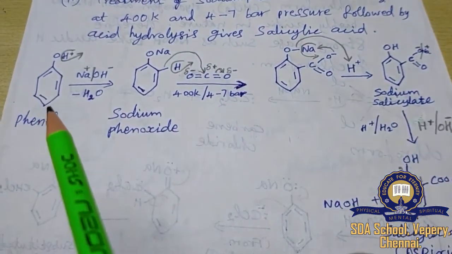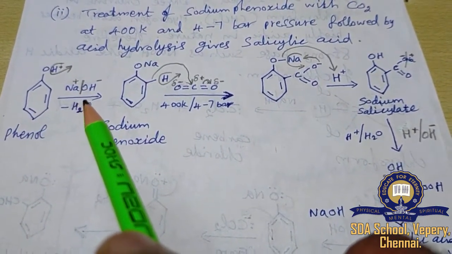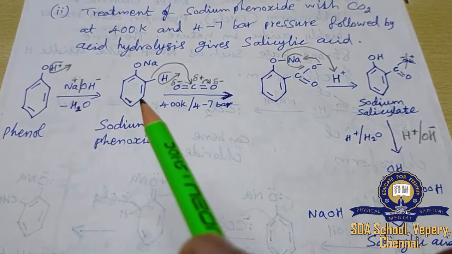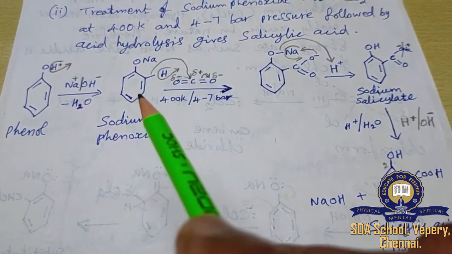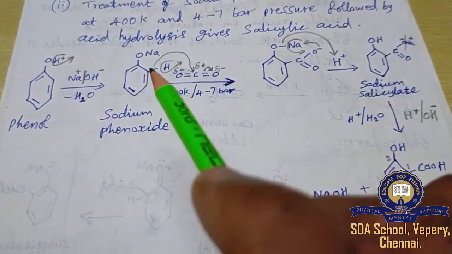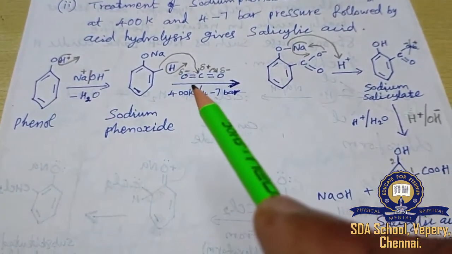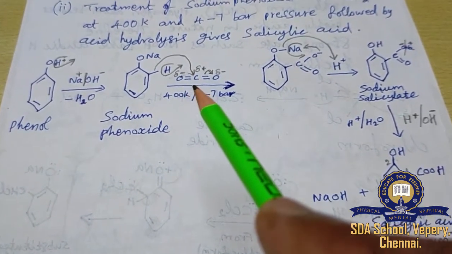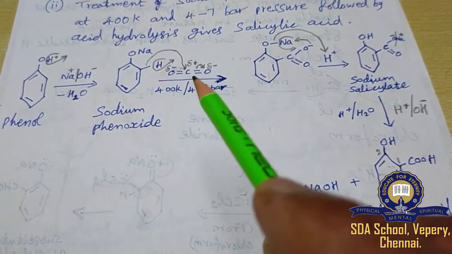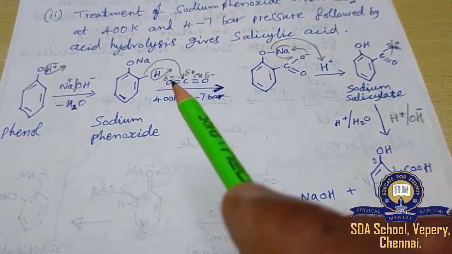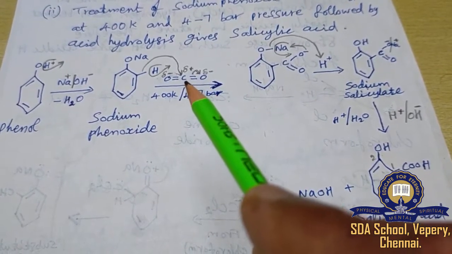Listen here, this is phenol, allowed to react with sodium hydroxide to form sodium phenoxide. So already they have given the reason, that is sodium phenoxide is more reactive than phenol towards electrophiles. Here the carbon dioxide structure we can write as C double bond O, C double bond O. Here oxygen is a more electronegative atom than carbon.